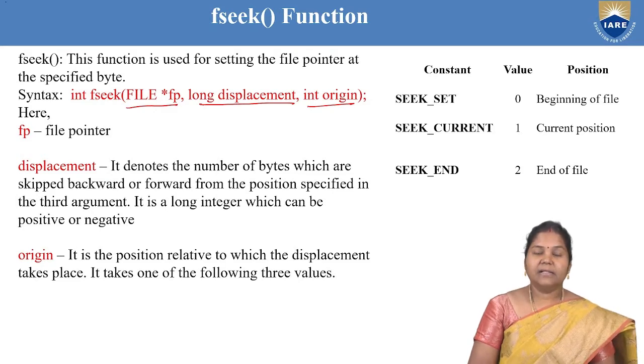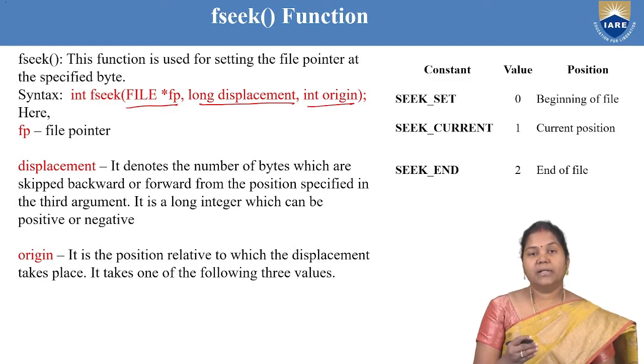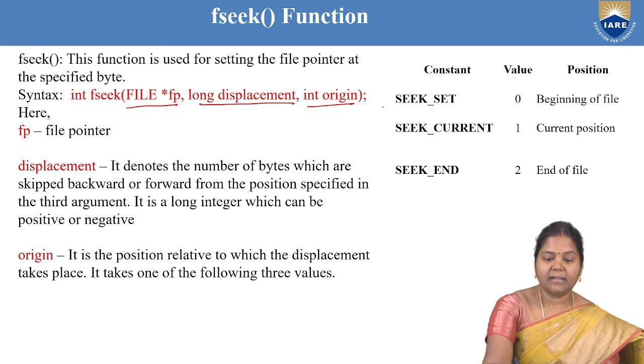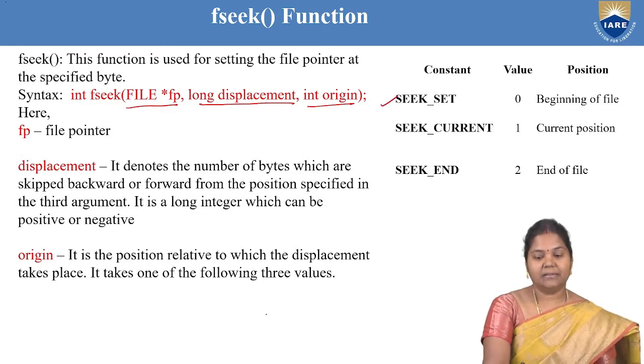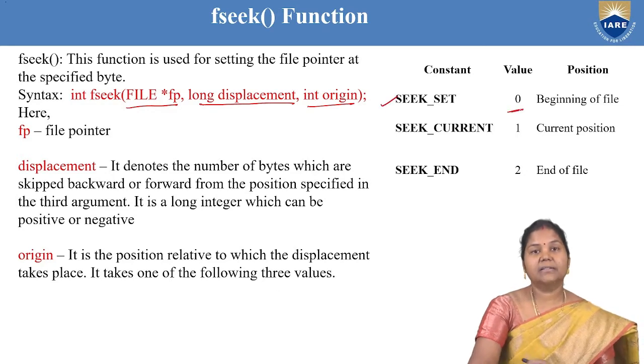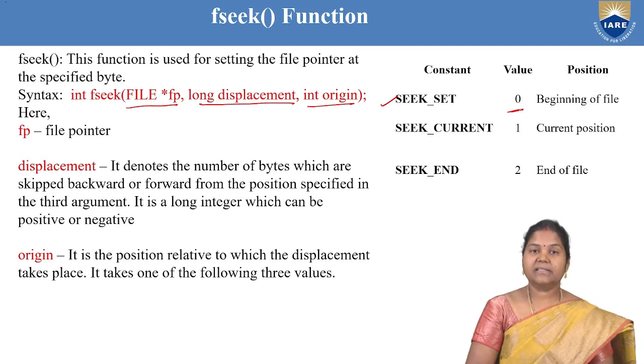Normally, displacement is written as a long integer, which can be either positive or negative. The third one is called the origin, that is, from where you want to take the file pointer and keep it at a specified location. The origin is the position relative to which the displacement should take place. It takes one of three values. SEEK_SET, whose equivalent integer value is 0, indicates that you are at the beginning of the file.